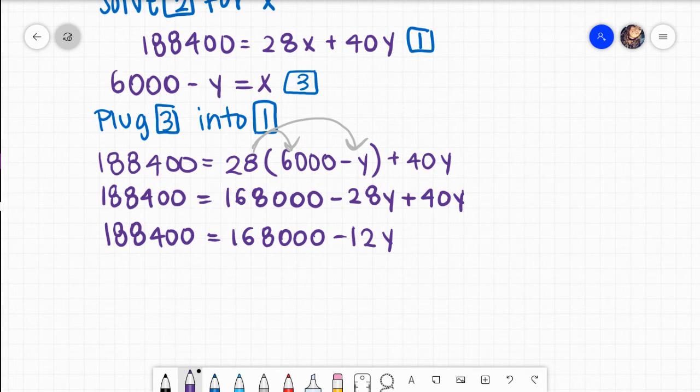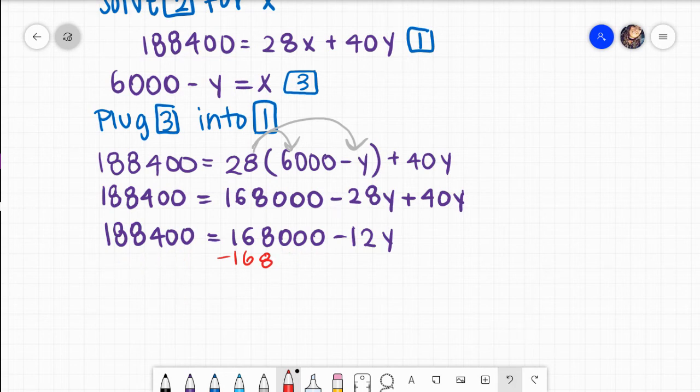And then what I would do, I started to just use my calculator here, y'all. I subtracted my 168,000 from both sides. And then what I did was I divided both sides by negative 12.